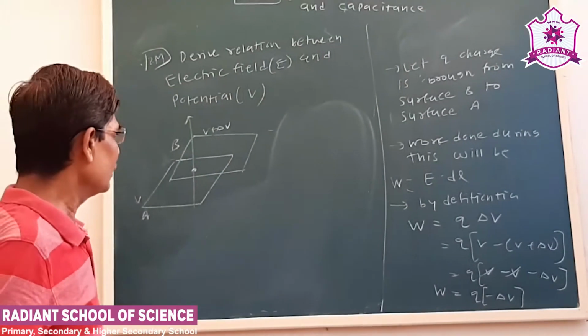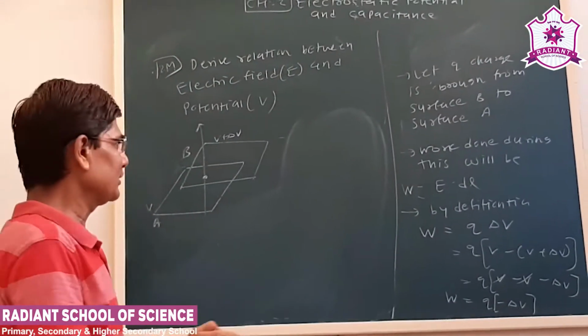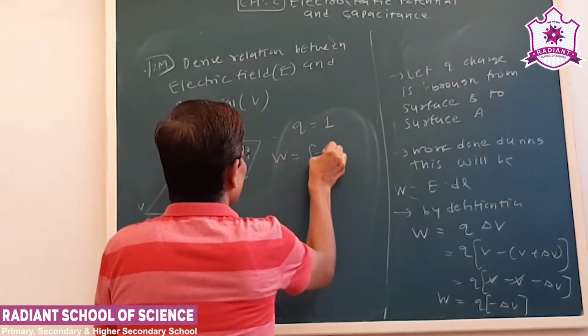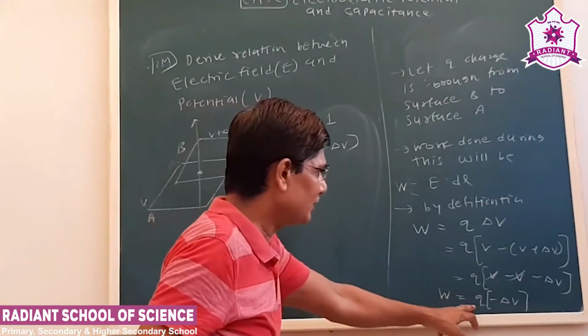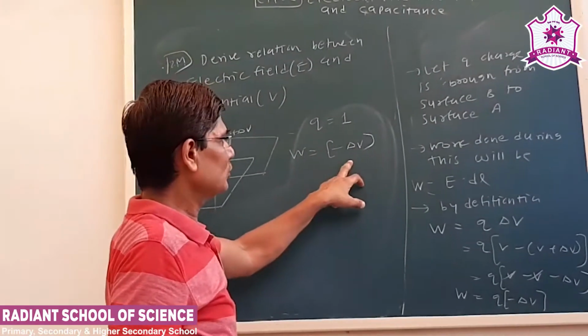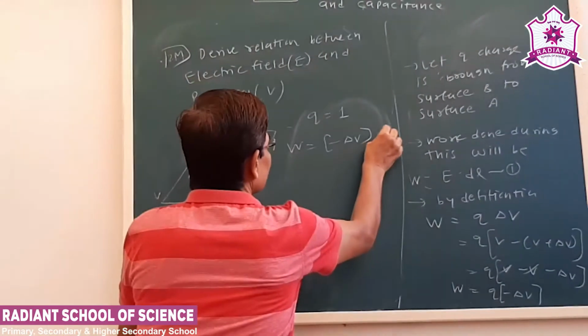By definition, potential is the work done in bringing a unit positive charge. So if I take Q is equal to 1, then W will be minus delta V. Now this also shows the work done, and this also shows the work done.